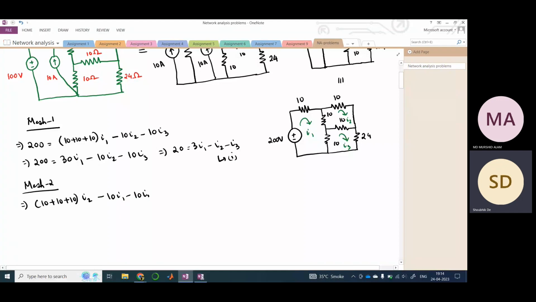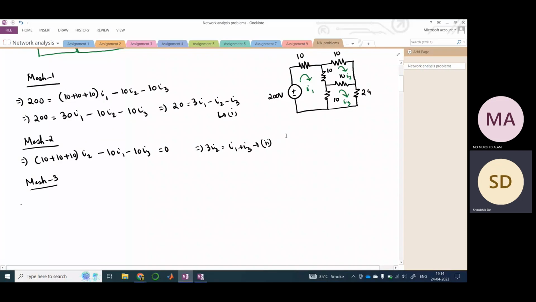So minus 10 I1 and minus 10 I3, and this would be equal to 0 because there is no voltage source here. So 3 I2 is equal to I1 plus I3, right?